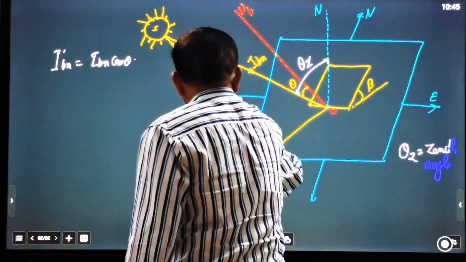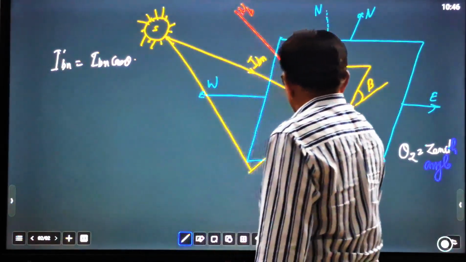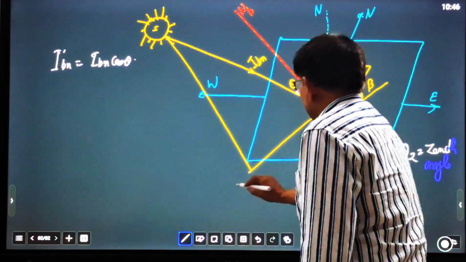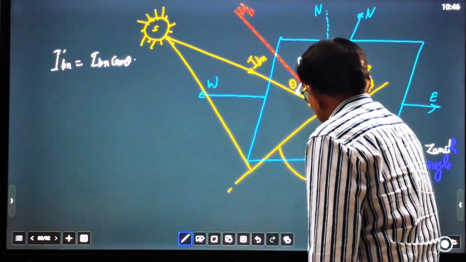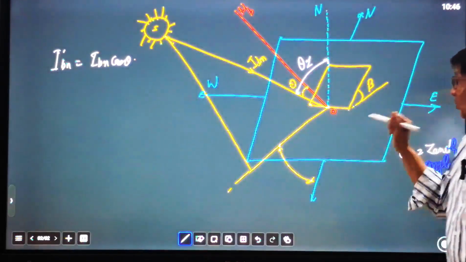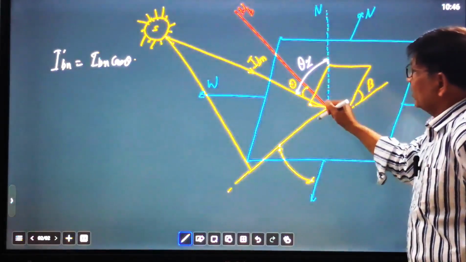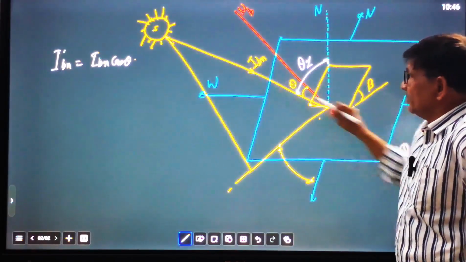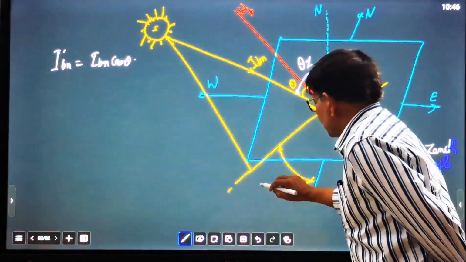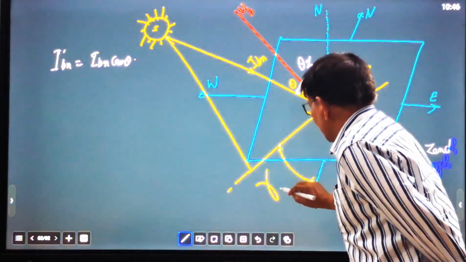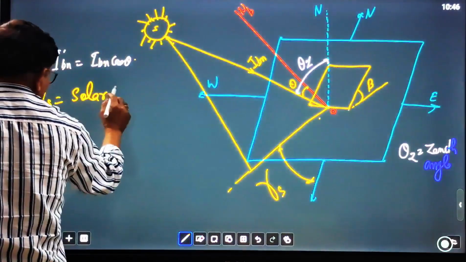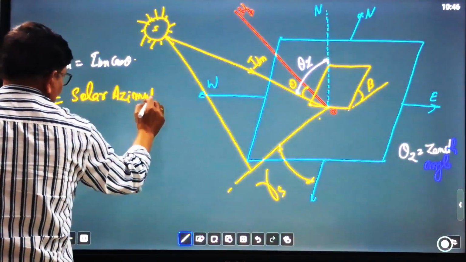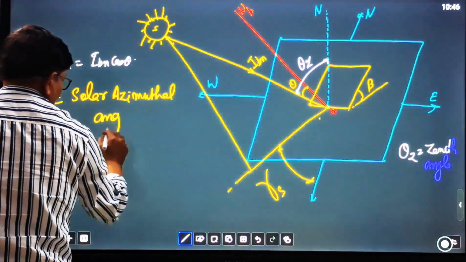The angle between due south and the line of projection of this beam on the horizontal surface is known as the solar azimuth angle, gamma s. This is very, very important. Gamma s is known as the solar azimuth angle. This will be required.